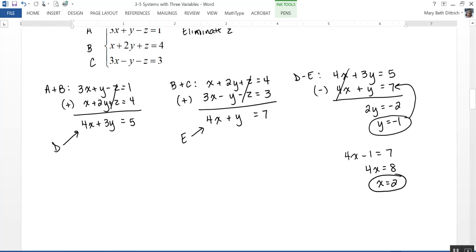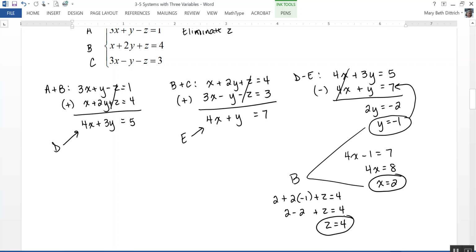Now I'm going to take those two values and plug them into equation B, because it had all pluses in it. So I get 2 plus 2 times negative 1 plus z is equal to 4, or 2 minus 2 plus z equals 4, or z is equal to 4.